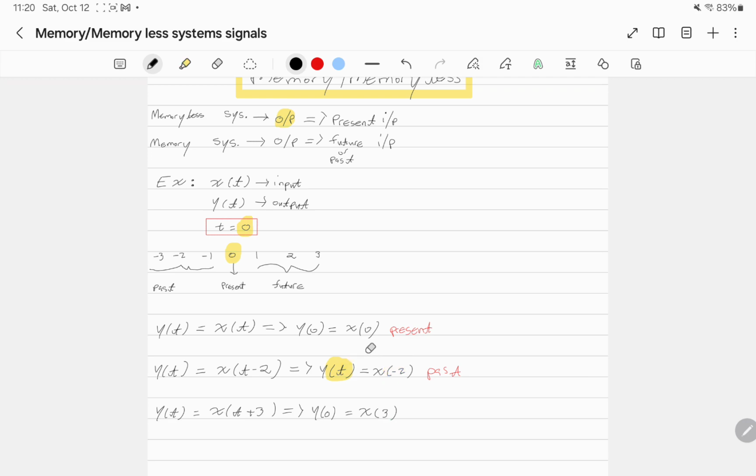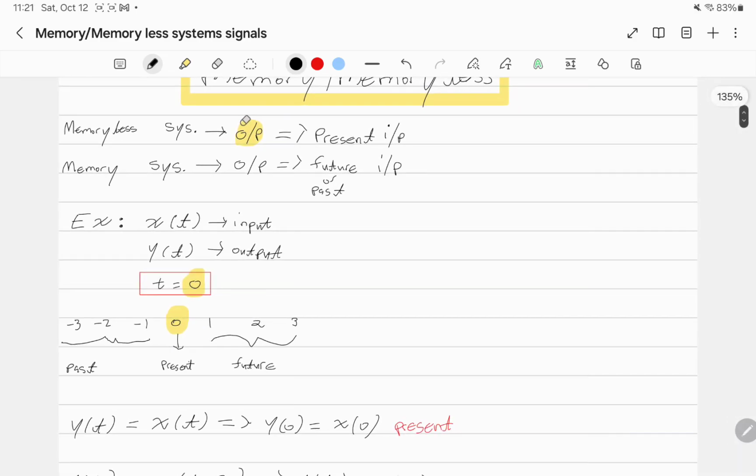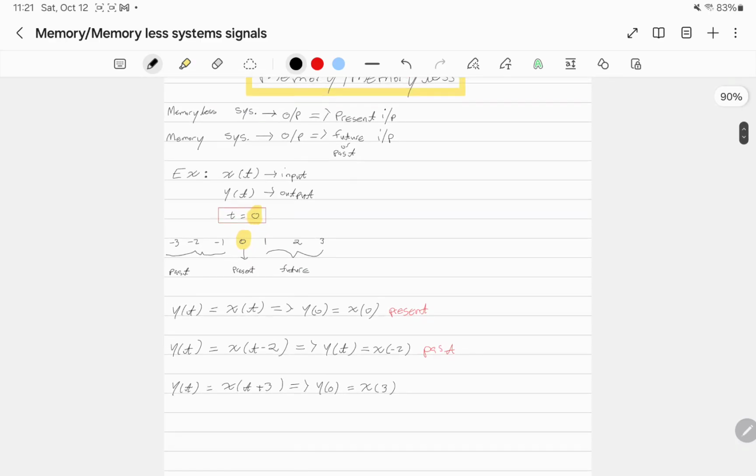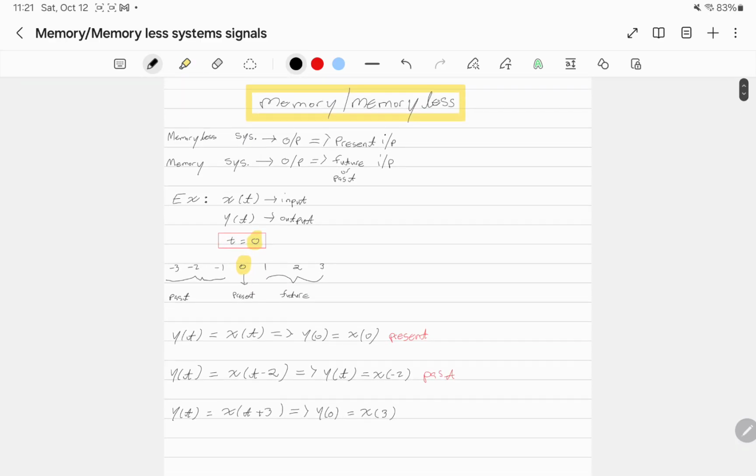So our output is dependent on the future values of the input for this example. So we can clearly see that this example has memory, or sorry, it's memoryless. This first one is memoryless, and the next two have memory.